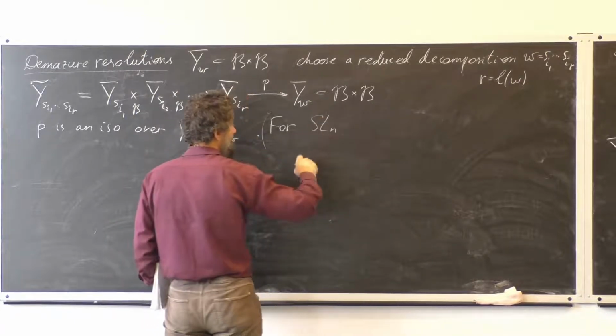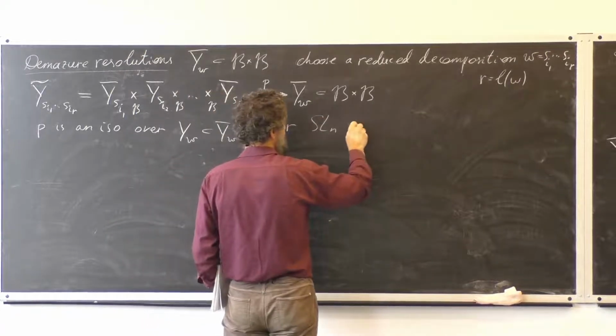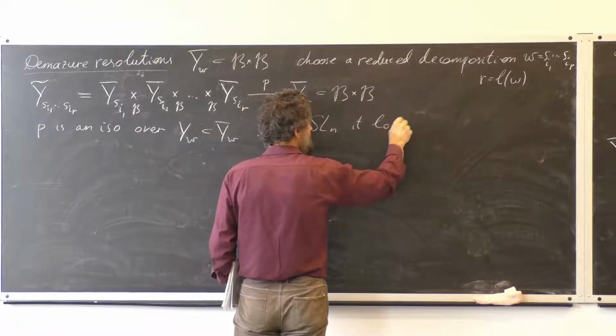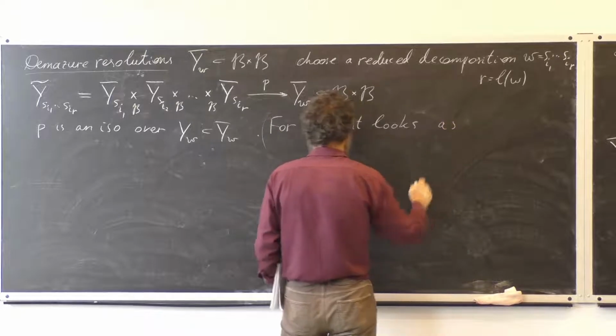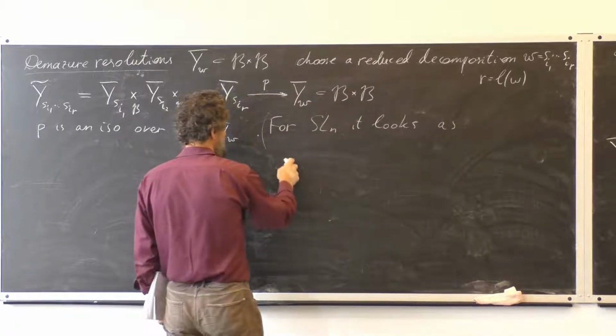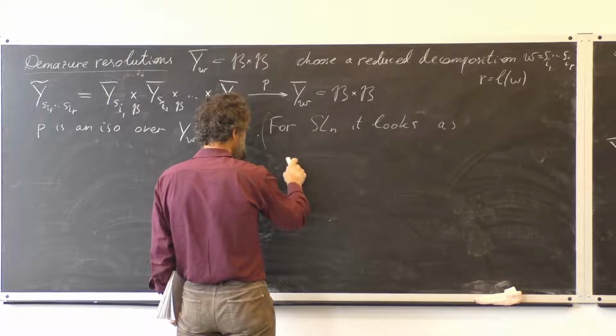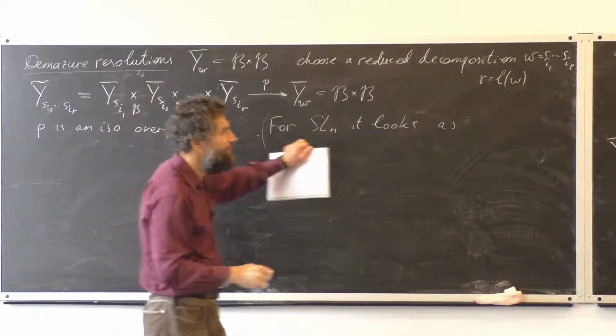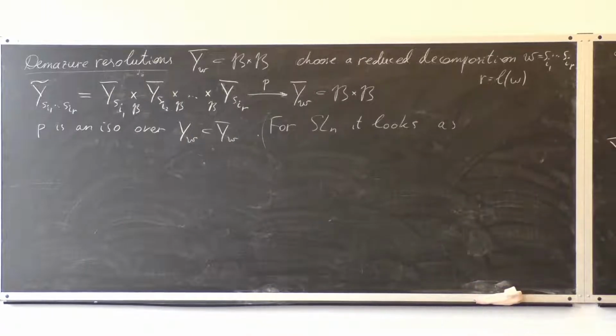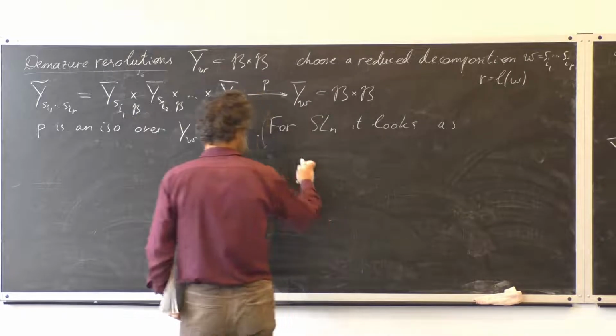Say for SL_N, it looks as follows. Let me do it in this more economical version. I will have just one copy of a flag, and the other one will be fixed.